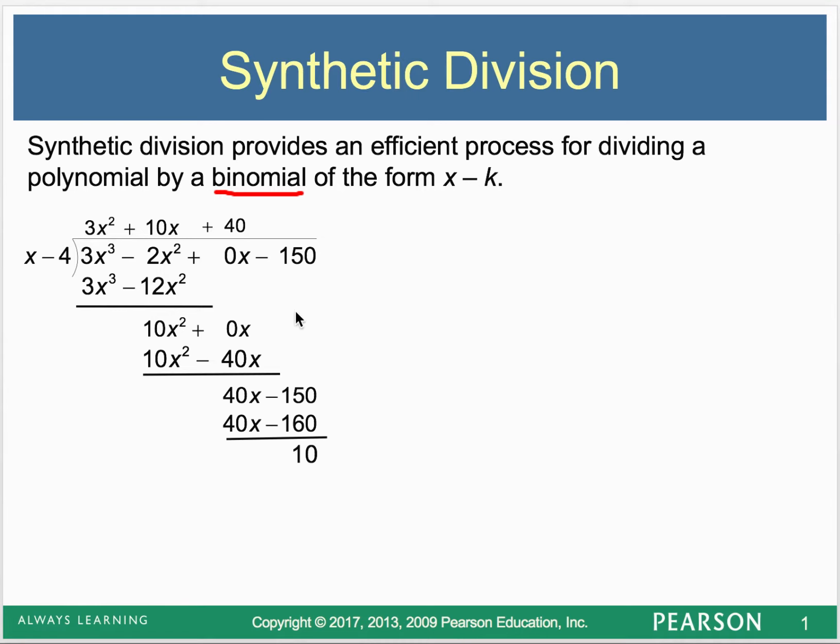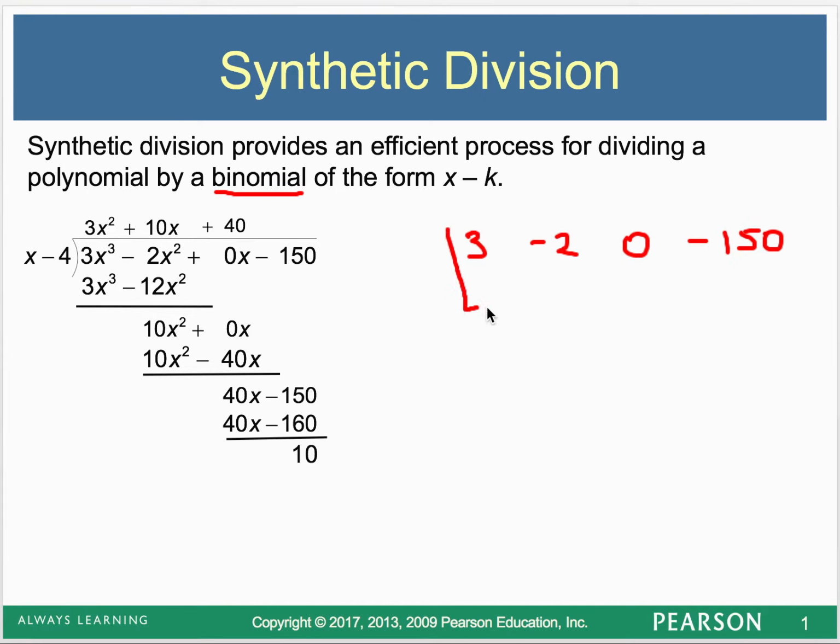A lot of that we don't have to rewrite, so all I'm going to use are the numeric parts. If we have a missing term, just like in long division, we have to fill it in with 0. So I'm going to put up the 3, the -2, the 0, and the -150.